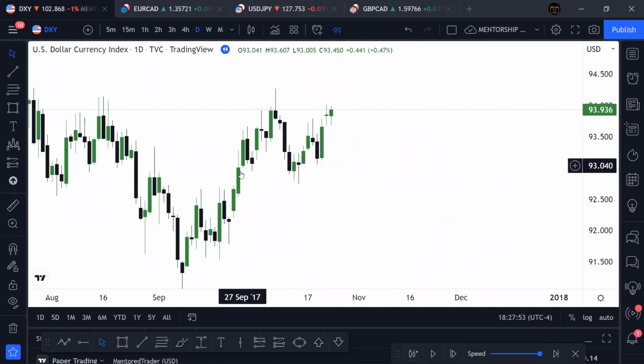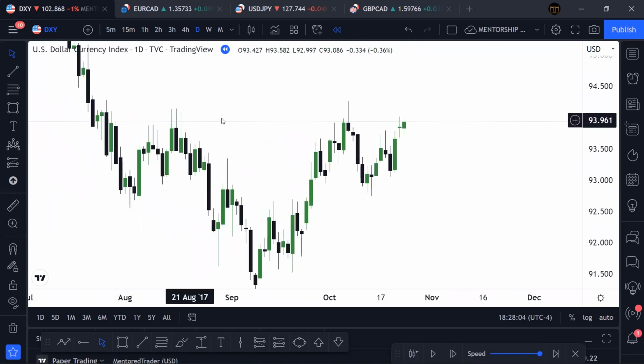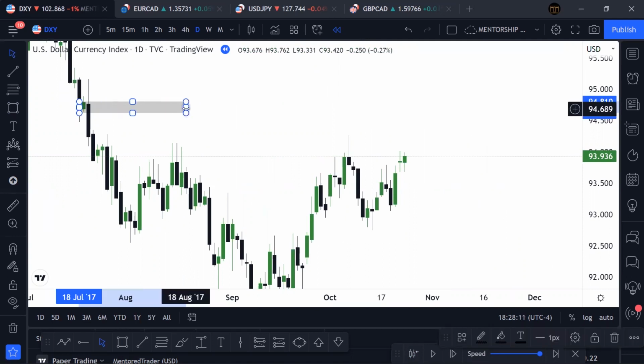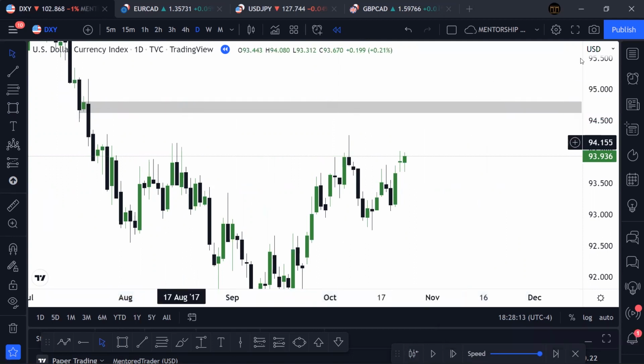So we see price came, traded below this imbalance, then rallied, took all these highs out. Someone will be looking at this as an order block. The other folks will call this an order block, institutional level, all that kind of stuff.